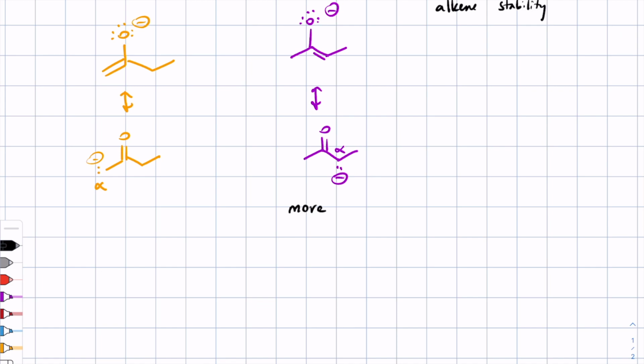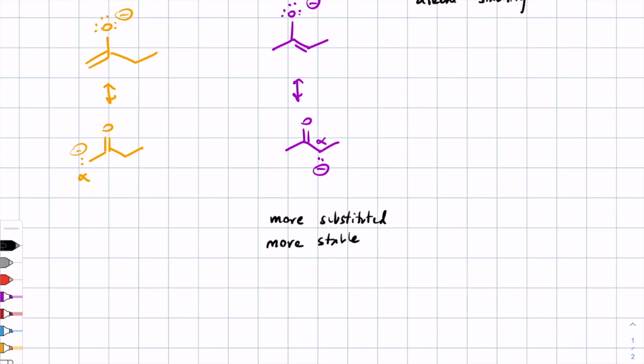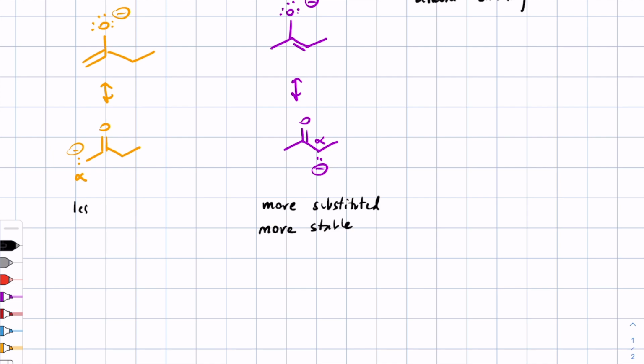This is more stable and therefore is more substituted. Sorry, let's back up. It is a more substituted alkene in at least one resonance structure of the enolate, and therefore it is more stable. This is the less substituted enolate, and it is therefore less stable.